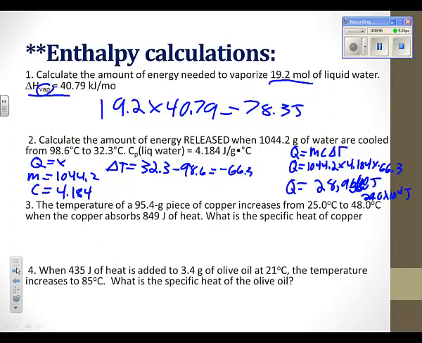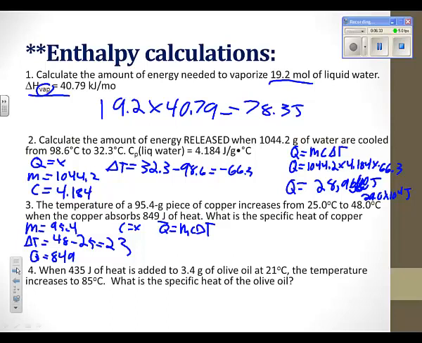Number 3, you have a mass of 95.4, and you have a temperature change, so delta T is going to be final, which is 48, minus initial, 25. We're going to give you 23 for your delta T. Now this time you have a Q of 849. This joules right here is a dead giveaway, that's the Q. So now you're trying to find the C. If we put our equation here, Q equals mc delta T, we're trying to find the C. So we're going to keep that the same, and just divide the other two out, like all the other equations we've done this year.